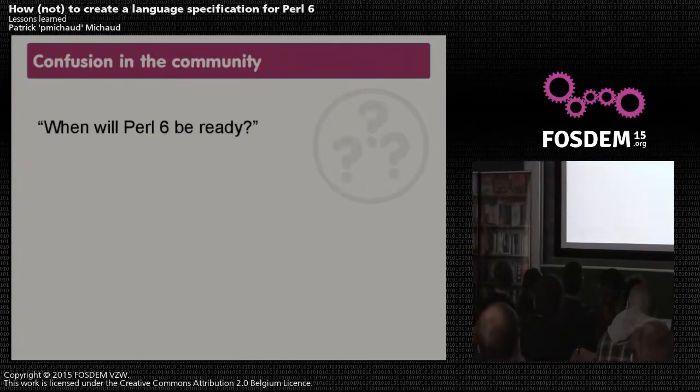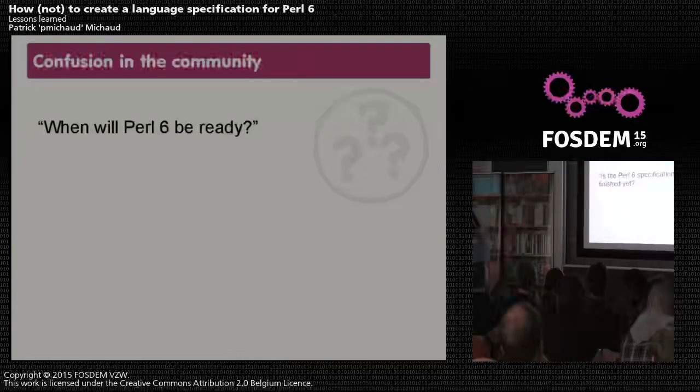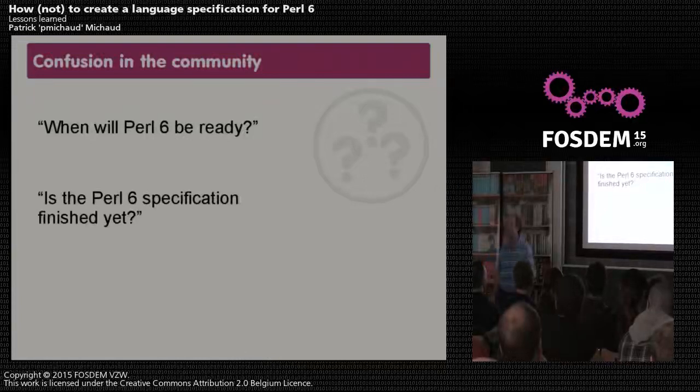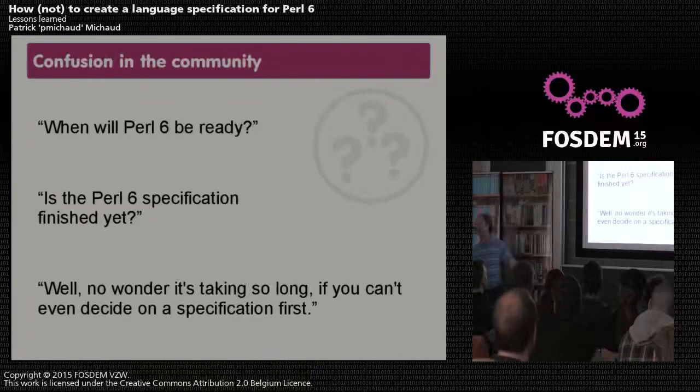And the next question from somebody trying to be very helpful is, well, have you at least finished the specification yet? How many Perl 6 developers have heard this sequence? Have you at least finished the specification yet? And then we get into a discussion of, well, we're still working on figuring out what the specification should have in it. So that becomes, well, no wonder it's taking so long if you can't even figure out what the spec is first, right?